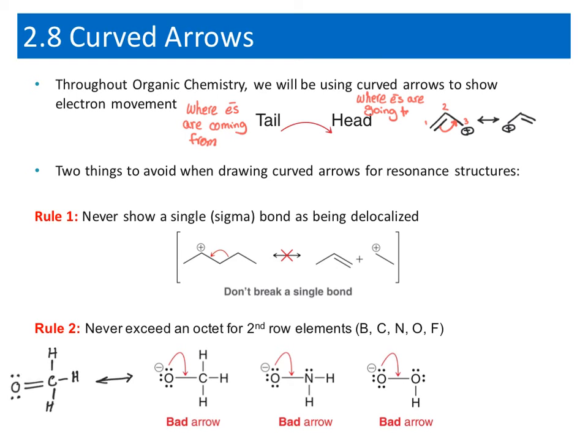And if you look at it, the carbon gets more than 8 electrons, which is not allowed. So be careful while drawing resonance structures not to break the octet rule. And this is true for the second row elements: boron, carbon, nitrogen, oxygen, and fluorine.